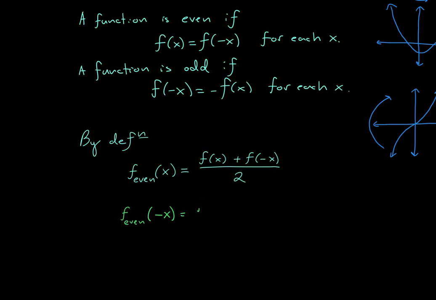Well, this is going to equal f of negative x plus f of negative x, all divided by 2. Again, all I did was replace each of these x's with negative x. And then look what happens. Well, that's the same thing as f of negative x plus f of x, all divided by 2. Oh, but shoot, that's the same thing, up to the commutative property, in the numerator right here. That is f even.